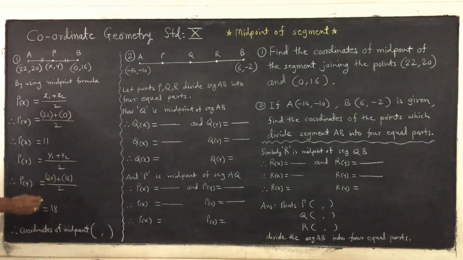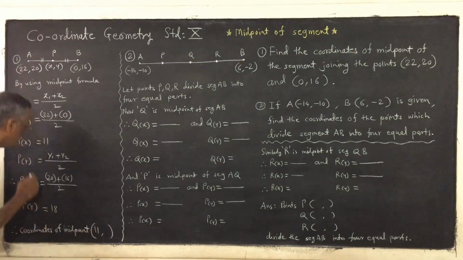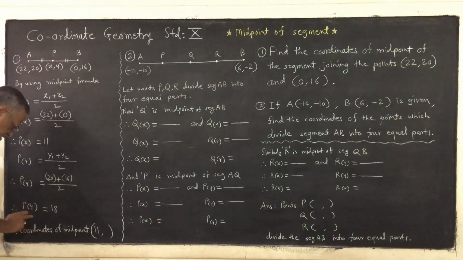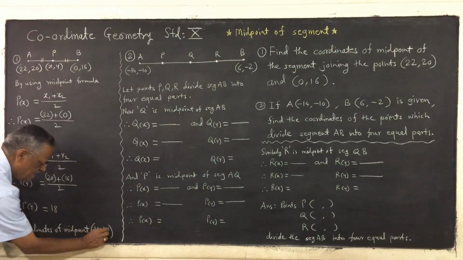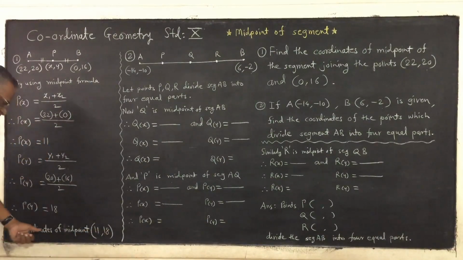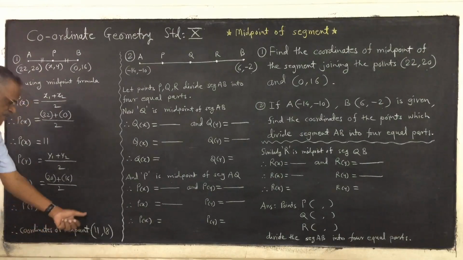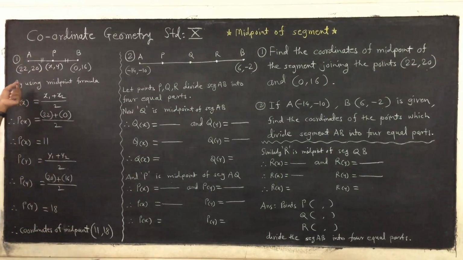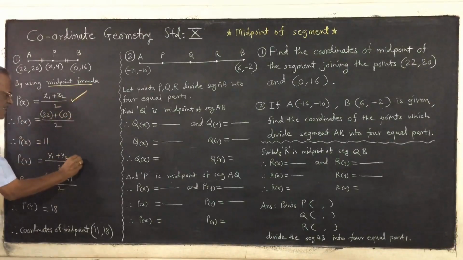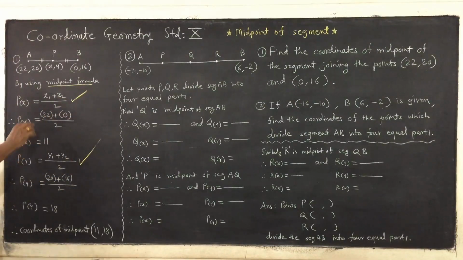So write the answer: 11 is the x coordinate and 18 is the y coordinate. That is your final answer. The coordinates of the midpoint are (11, 18). So the first example is the use of the midpoint formula. You can see what formula we are using.